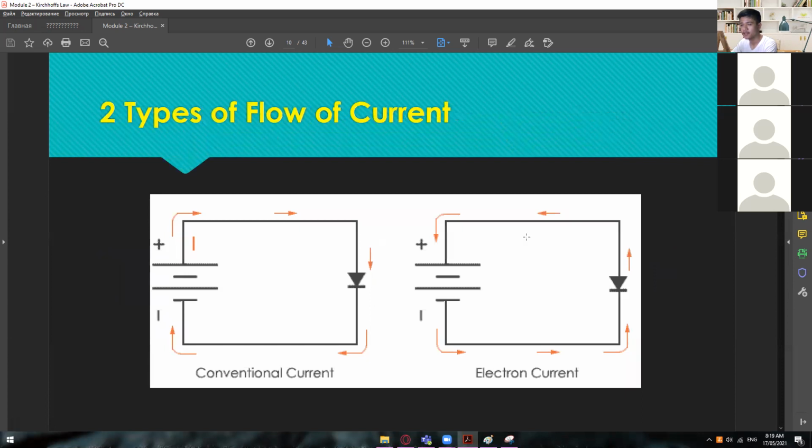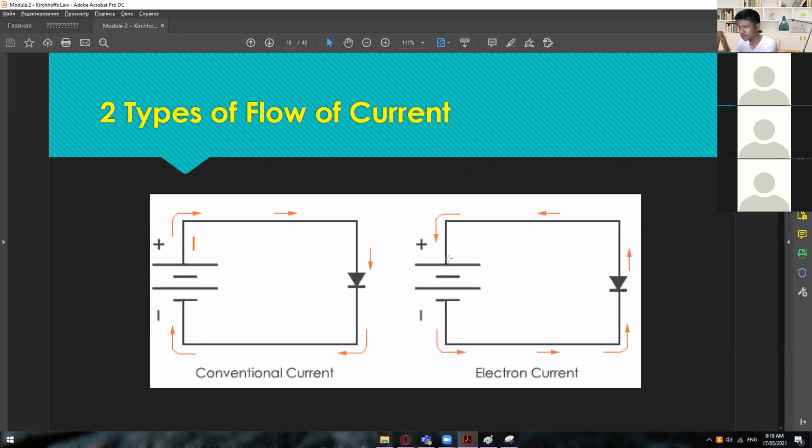But for now, let's talk about the two types of flow of current. The one that I use is mostly the conventional current, or the clockwise method. We also have the one that is called the electron current, which is the anti-clockwise or counterclockwise.